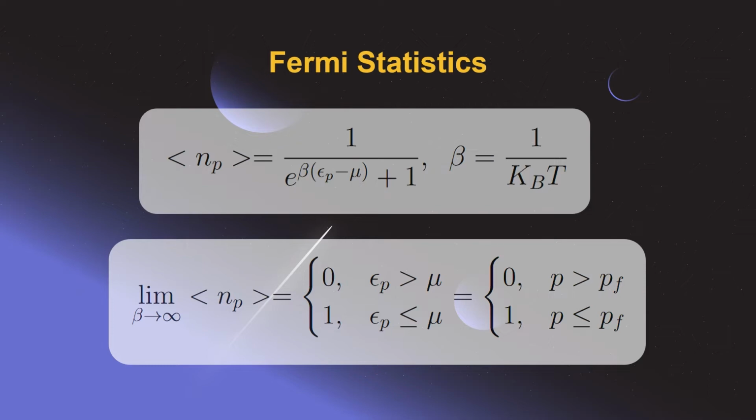To find degenerate pressure, we need to assume T goes to 0, which means beta tends to infinity, and in this limit the occupation number becomes a step function, which is 1 for all momentum states less than or equal to the Fermi momentum and 0 otherwise.